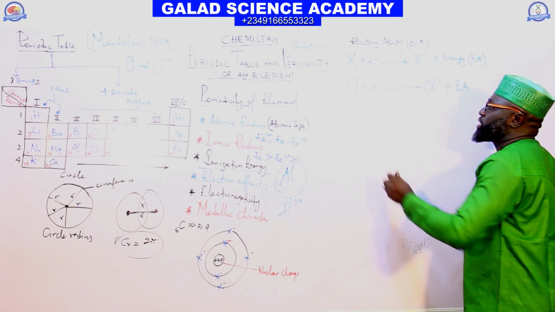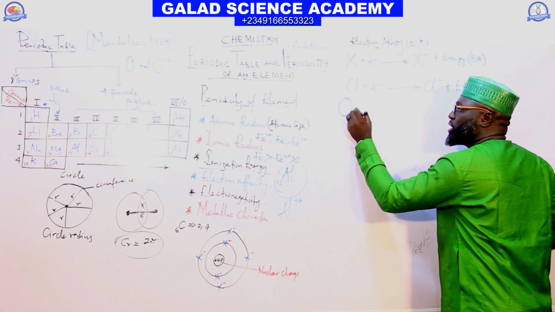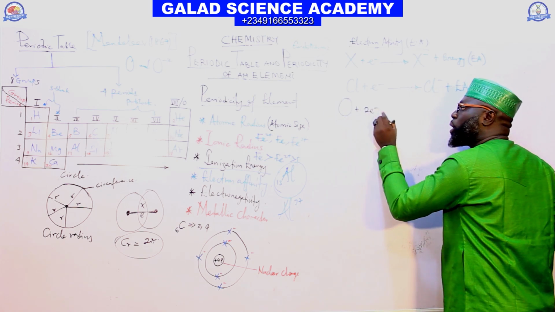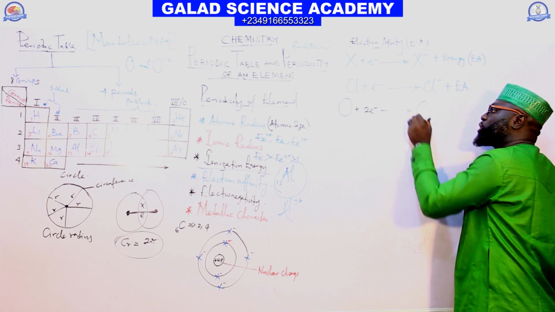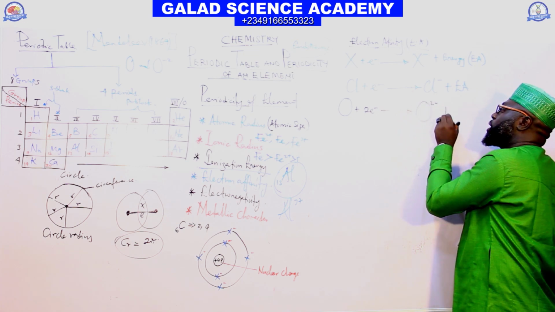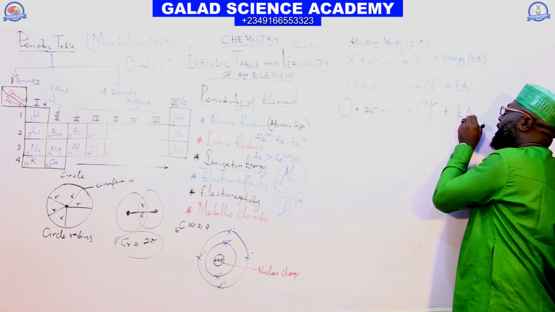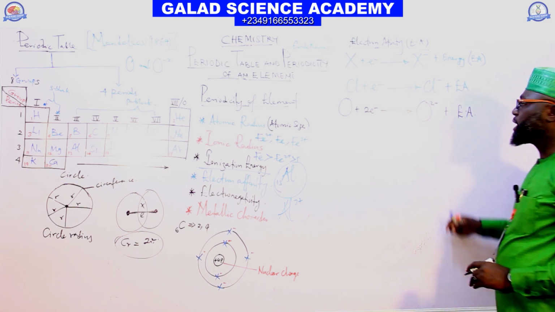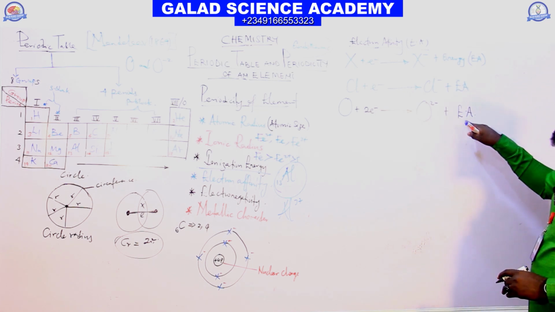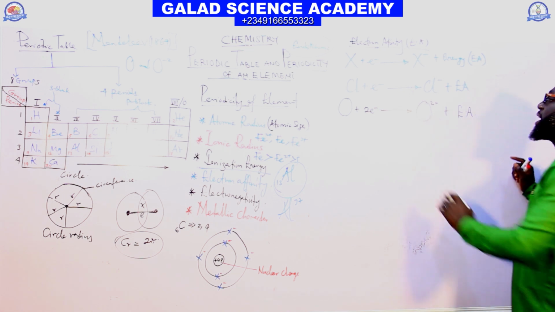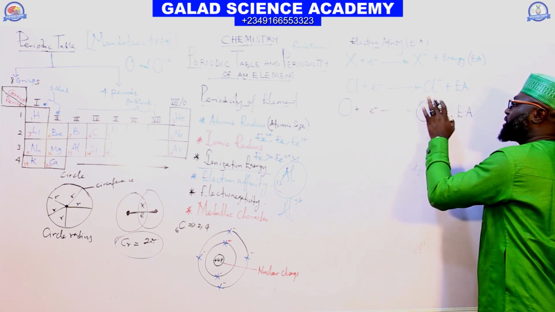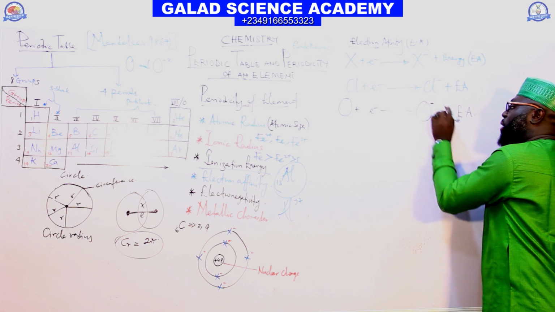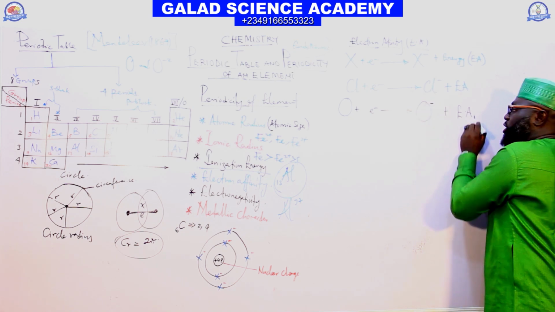If you have oxygen plus one mole of electron to give us O minus plus EA, this is the first electron affinity.